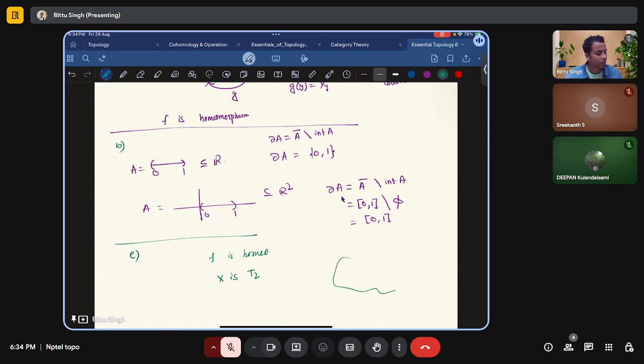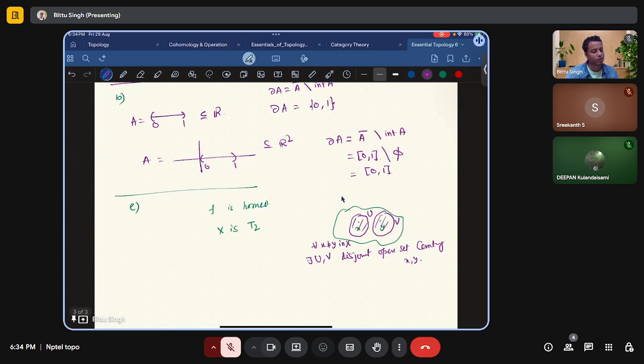Then for any two distinct points x and y, they can always be separated by some open sets U and V. That is, for all x not equal to y in X, there exist disjoint open sets U, V containing x, y, those two points.